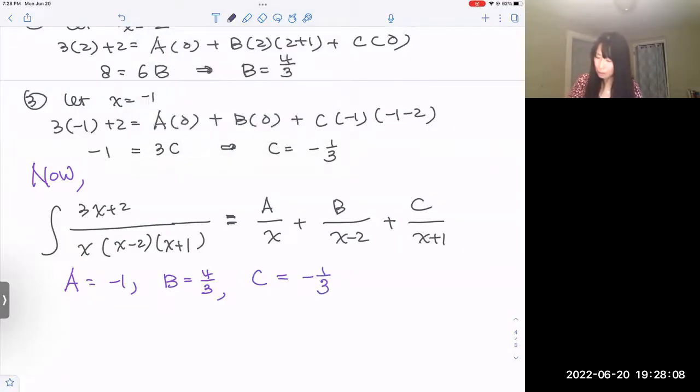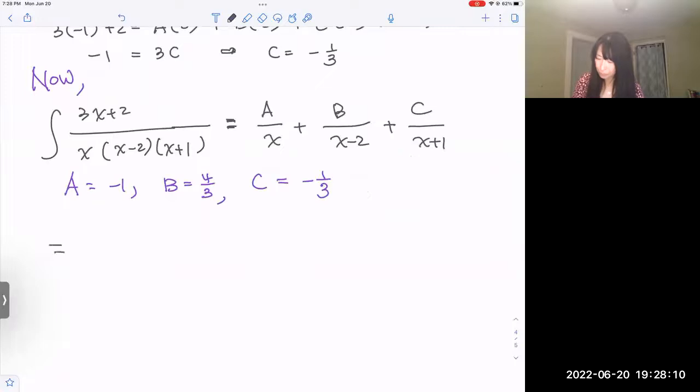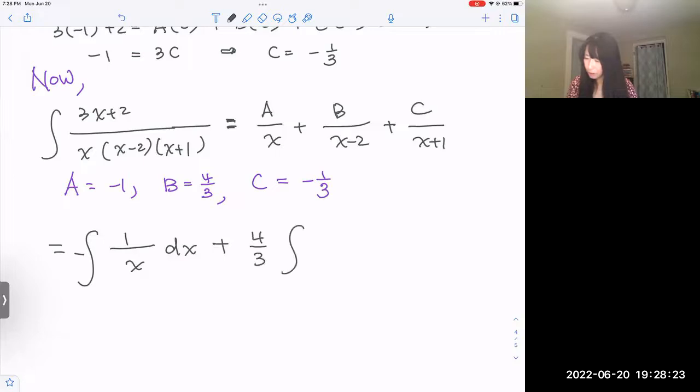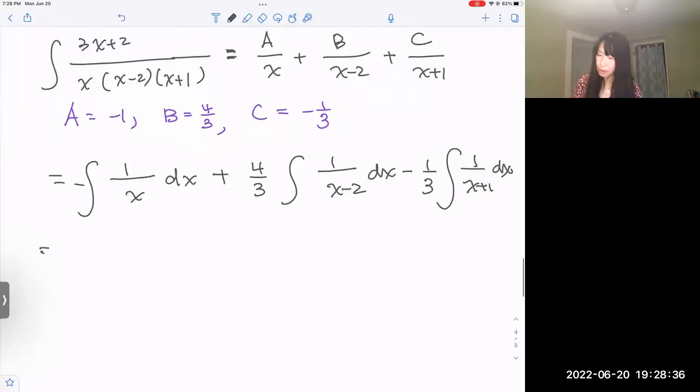So we're going to have -1 over x, term by term, plus B, which is 4/3, and C equal to -1/3. All right, can you integrate?